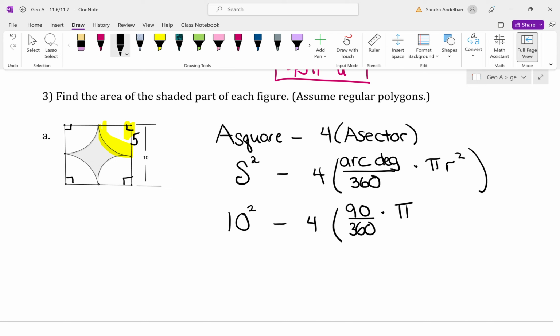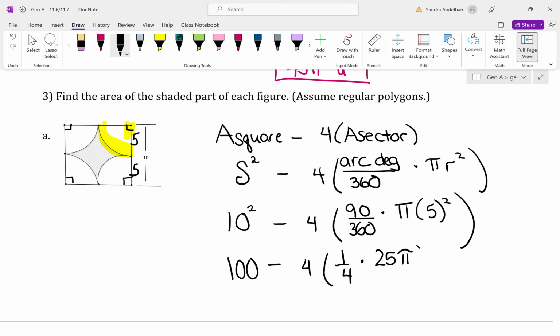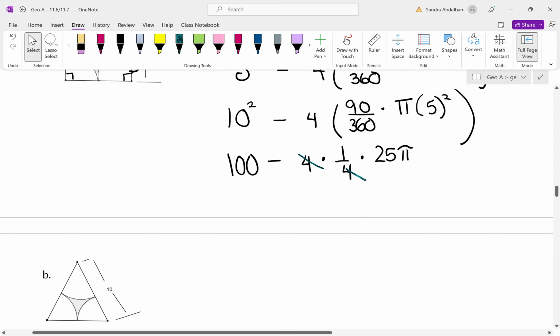So wouldn't the radius be 5 and 5? So then we're pi 5 squared. So we are 100 minus 4 times 1 over 4 times 25 pi. Actually, I don't need the parentheses because it's all multiplication. And now I can cancel out the 4's. So we have 100 minus 25 pi.